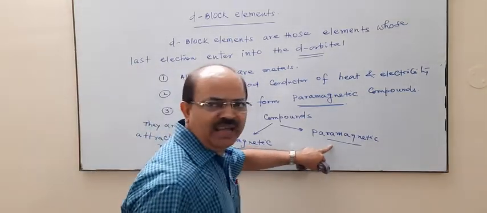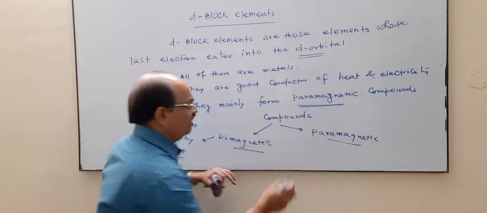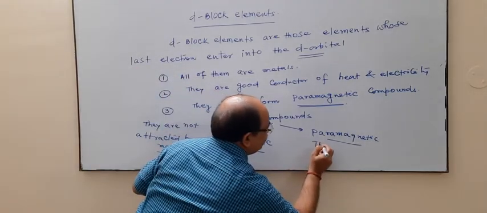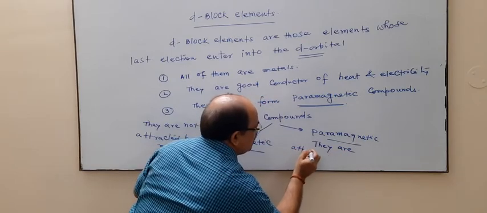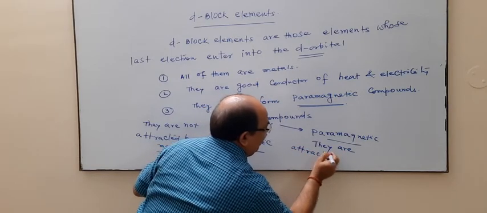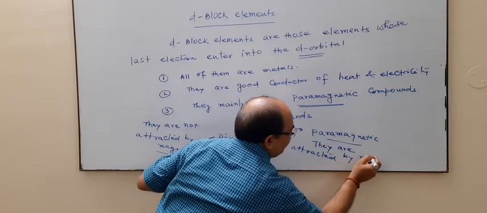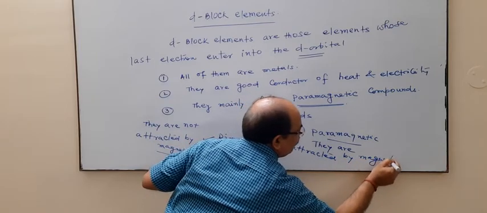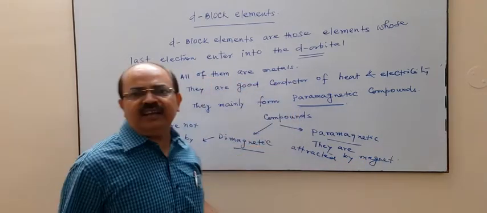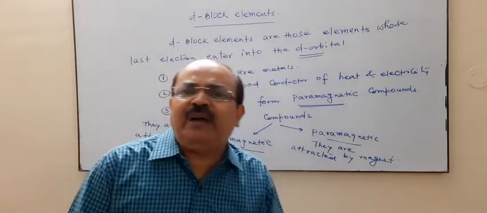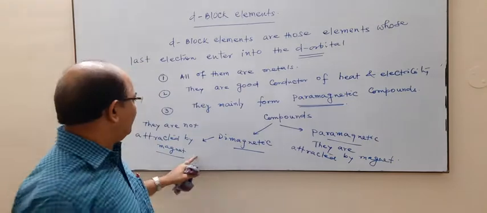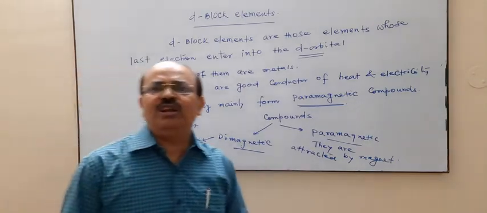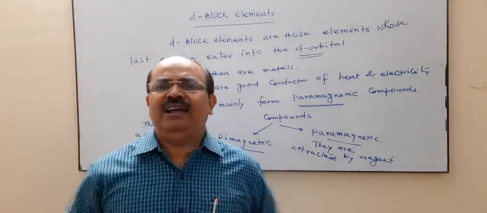While paramagnetic compounds are attracted by a magnet. So paramagnetic compounds are attracted by the magnetic field or by a magnet. However, diamagnetic compounds will not be attracted by a magnet.